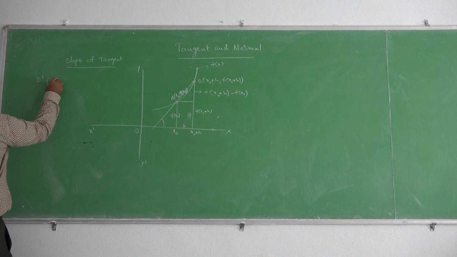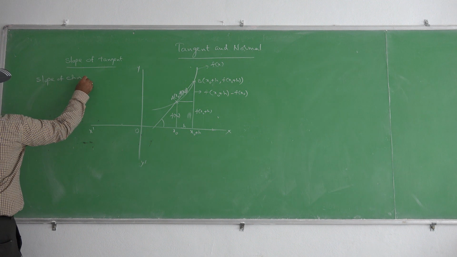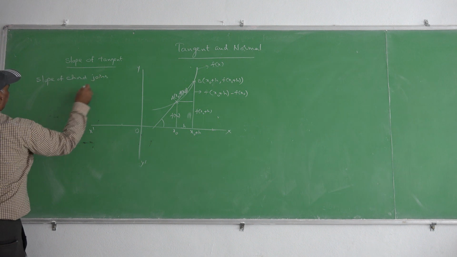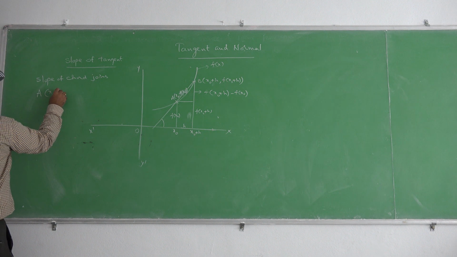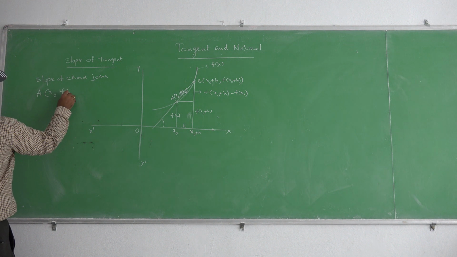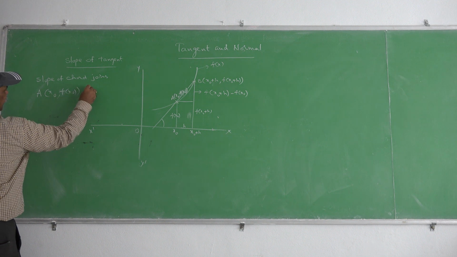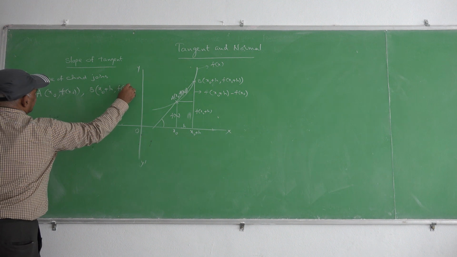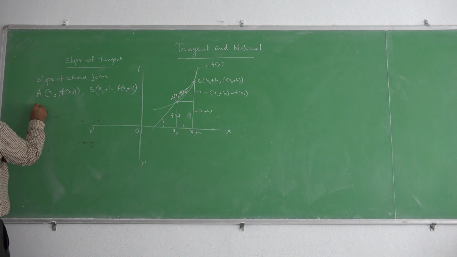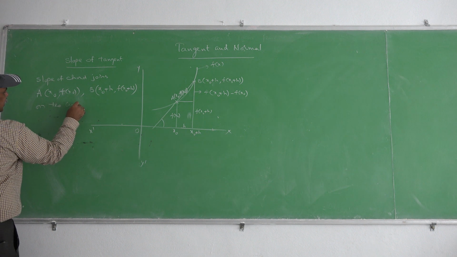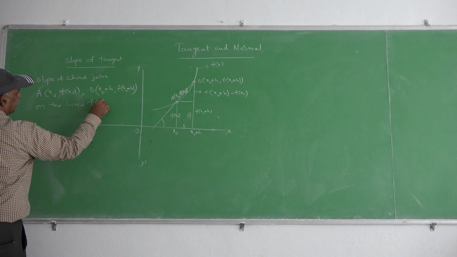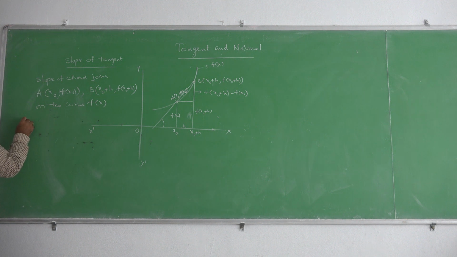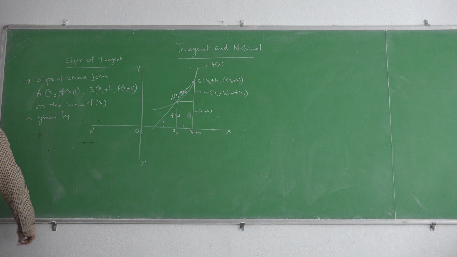The slope of the chord that joins A, x naught, f of x naught, and B, x naught plus h, f of x naught plus h, on the curve f(x) is given as follows.